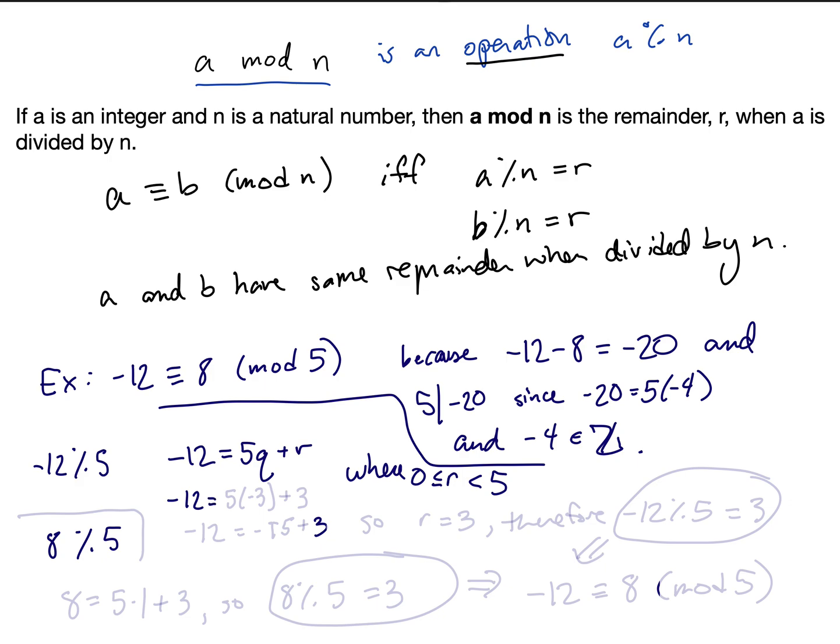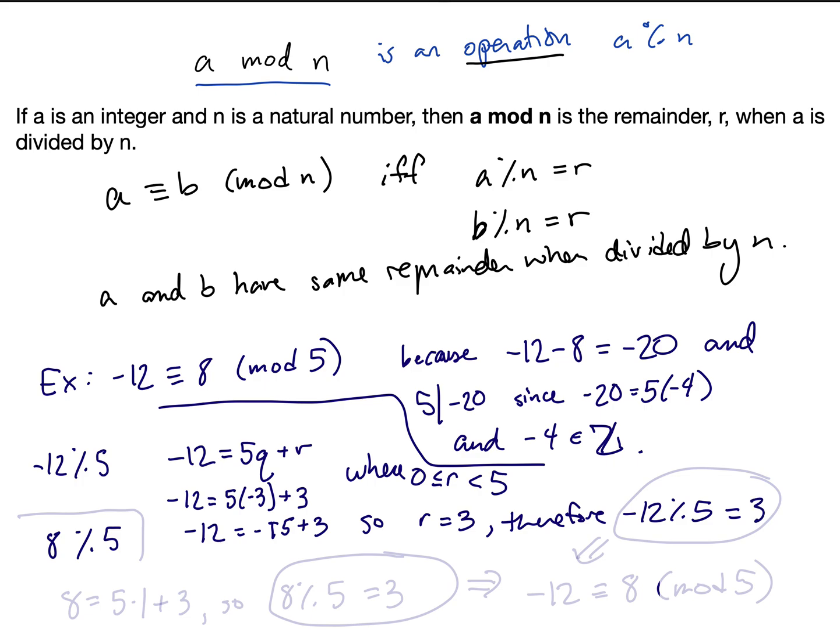Negative 12 is equal to 5 times negative 3 plus a positive 3. Negative 12 is equal to negative 15 plus 3. So r is equal to 3, and therefore negative 12 mod 5 is 3.